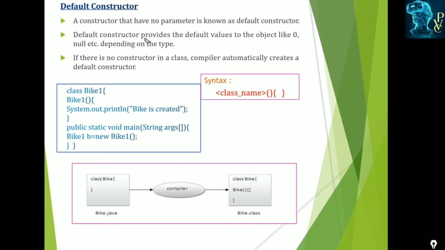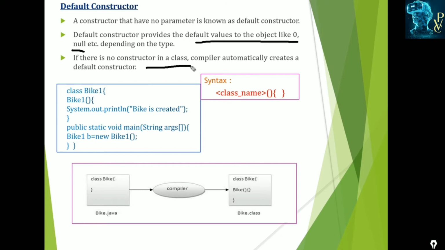A default constructor provides default values to the objects like 0 and null. When we use integer or numerical type variables, they are initialized with 0, and when it is a string type, it is initialized with null. Depending on the type of data, the constructor provides the default values to the objects.